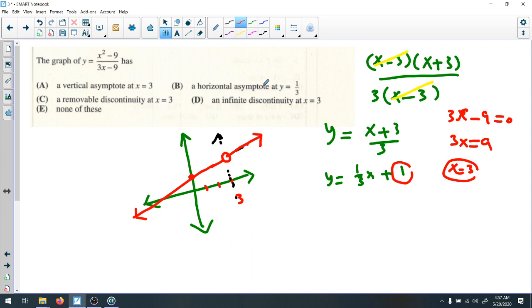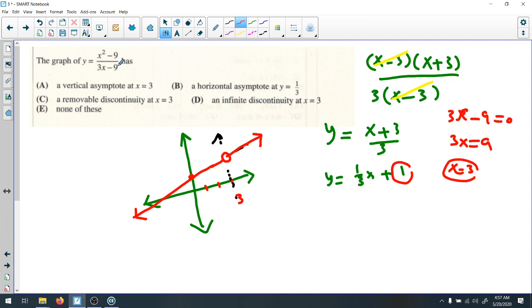Now let's look at all the options we have. Choice A, a vertical asymptote at x equals 3. Yes. How to find the vertical asymptote? Please listen to me and mark it down.